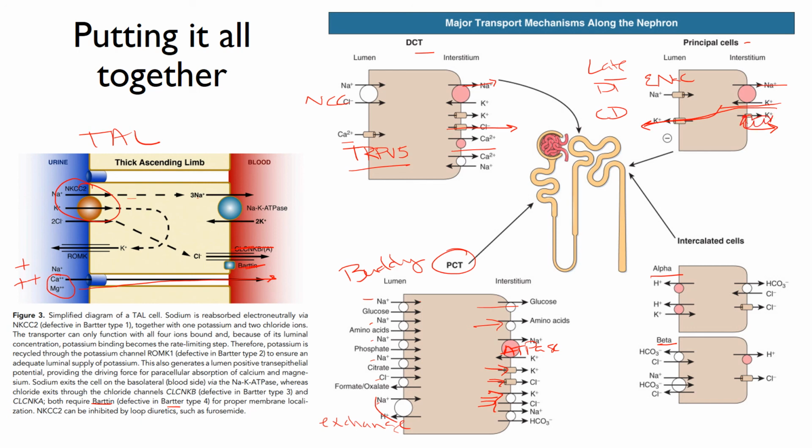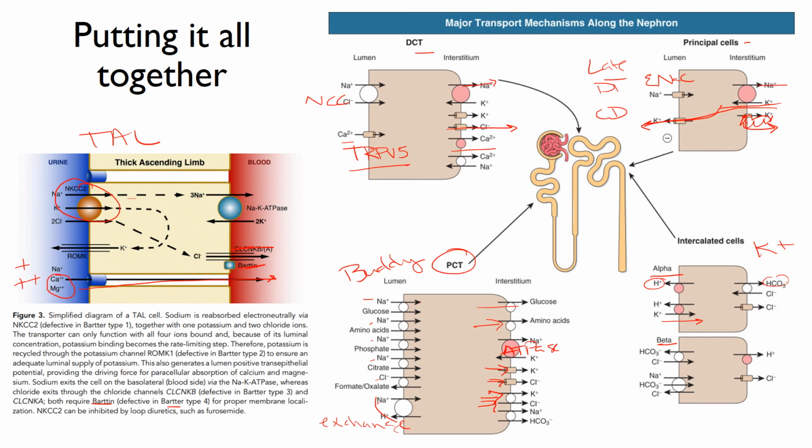In the intercalated cells, the alpha intercalated cells, for now, for my purposes, don't let the hydrogens and bicarbonates confuse you. Just focus on potassium for now. Potassium is going to move into the cell using the potassium hydrogen exchanger.